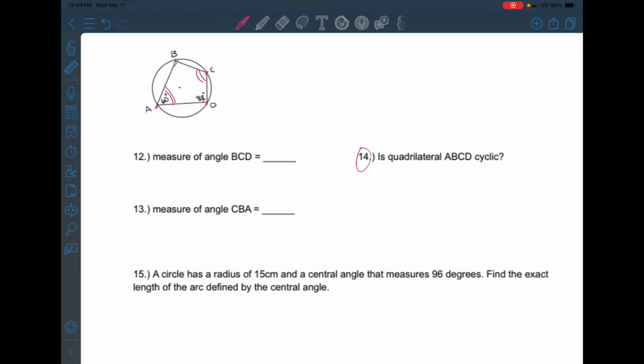So BCD and 60 have to equal 180. So you take 180, you subtract 60, and you get 120 degrees. And then this one, you would take 180 and subtract 88, and you get 92 degrees. And so that, yes, is cyclic.